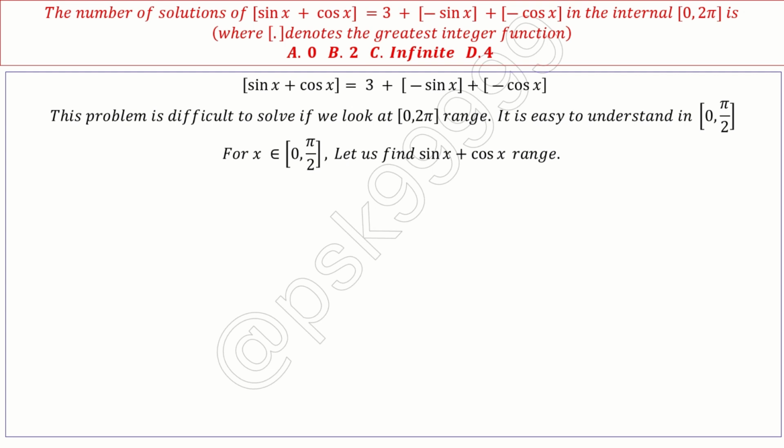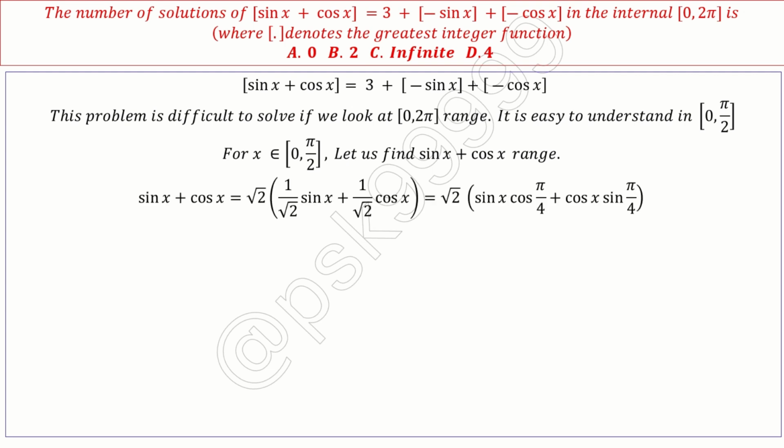In 0 to pi by 2, let's find the range of sin x plus cos x. If you know, the range is minus root 2 to root 2, because of the coefficients 1 and 1 of sin x and cos x. If you don't know that, you can do it this way: multiply and divide by root 2, so you get root 2 into sin x cos pi by 4 plus cos x sin pi by 4.